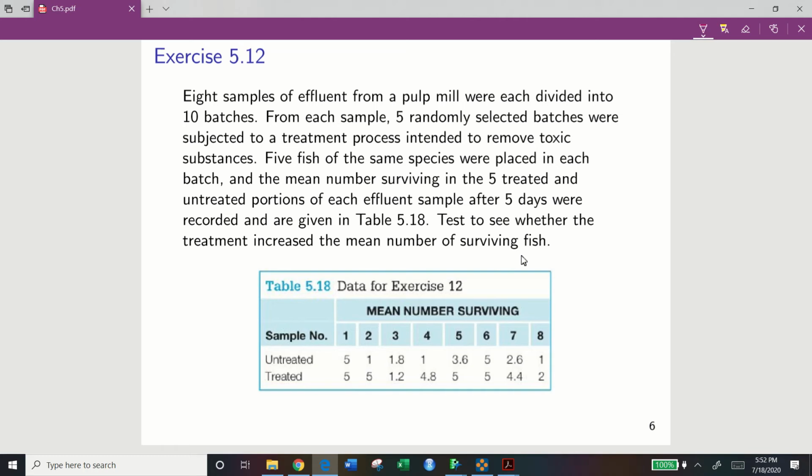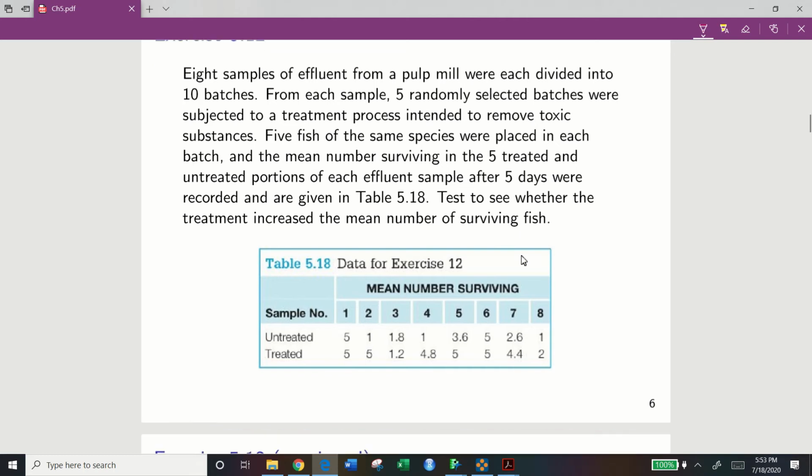From each sample, 5 randomly selected batches were subjected to a treatment process intended to remove toxic substances. 5 fish of the same species were placed in each batch, and the mean number surviving in the 5 treated and untreated portions of each effluent sample after 5 days were recorded and given in Table 5.18. We want to test to see whether the treatment increased the mean number of surviving fish.